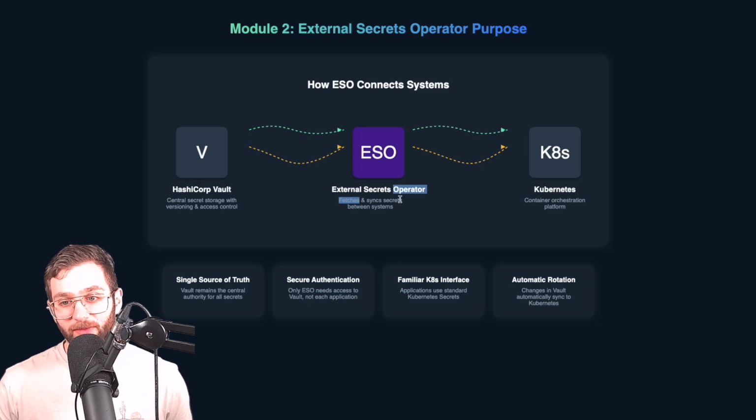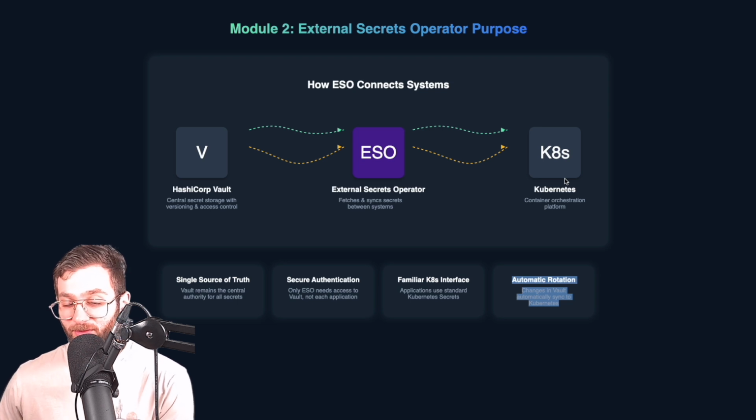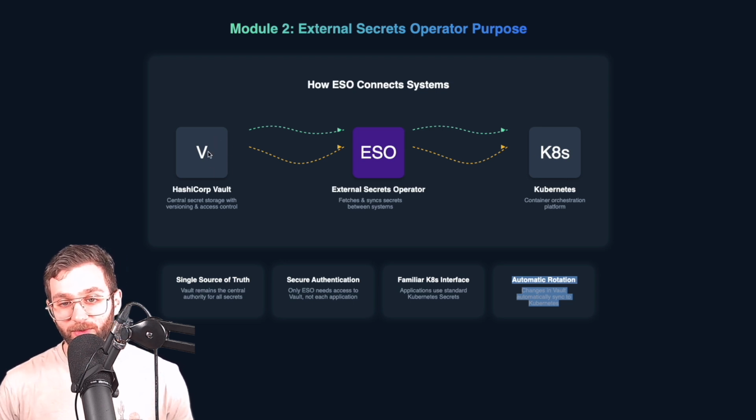What's pretty cool about this operator is that it allows for automatic rotation. So if somewhere in Kubernetes it's relying on a password from Vault in order to do stuff, if that password were to ever change, this operator can allow for automatic rotation, ensuring that the data we use here is always consistent with data stored here. All right, let's have a look at it now.